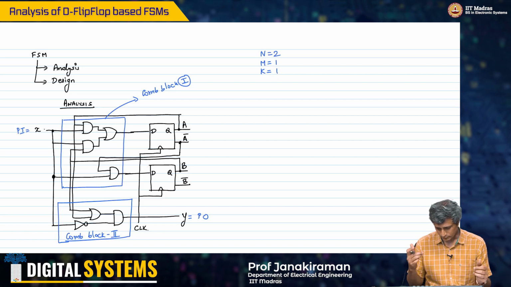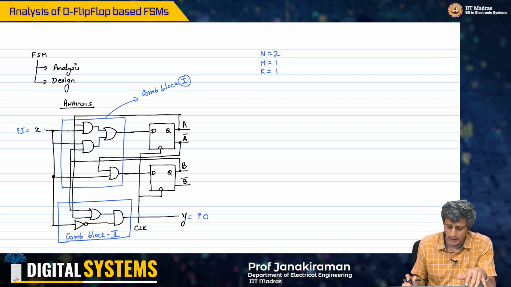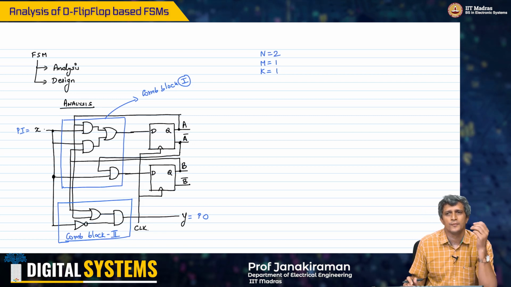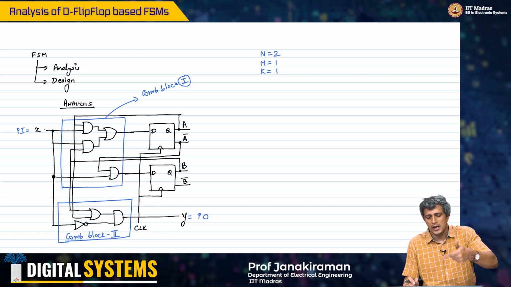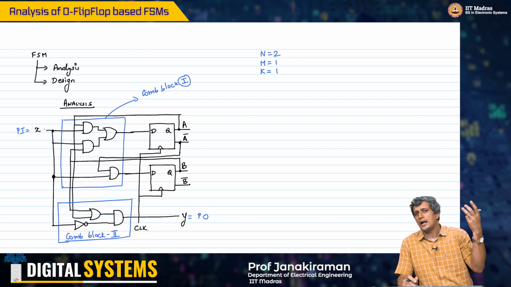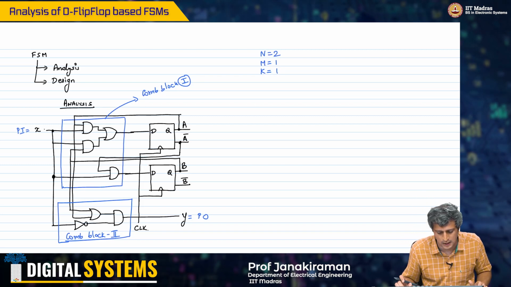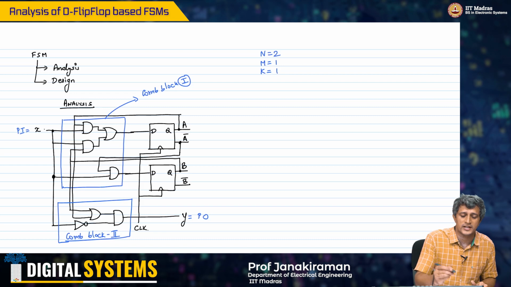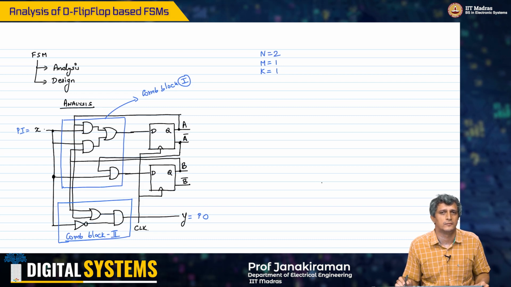And so now, given this circuit, what we want to figure out is what are the states that this system goes through, right? And of course, the first thing we have to ask ourselves is how many states are there in this system, right?